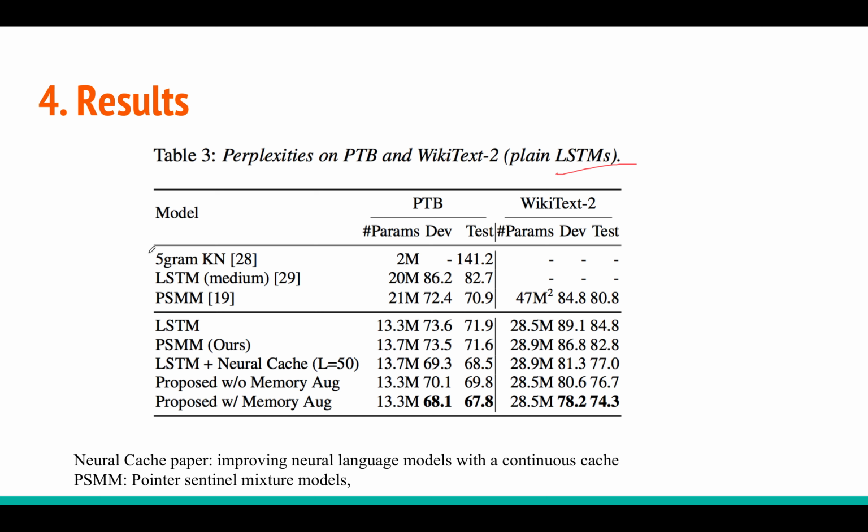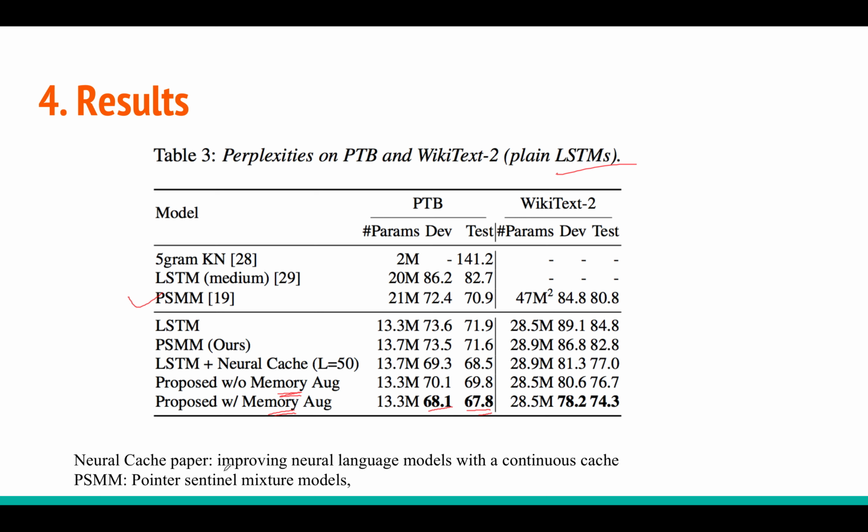You just take it and apply the memory augmentation with the cache idea, which we explained in the previous slides, and you get the best performance in terms of perplexity. And also in terms of parameters, you are getting fewer parameters compared to the PSMM method, which is basically a 2017 paper by Richard Socher and his team from Salesforce.